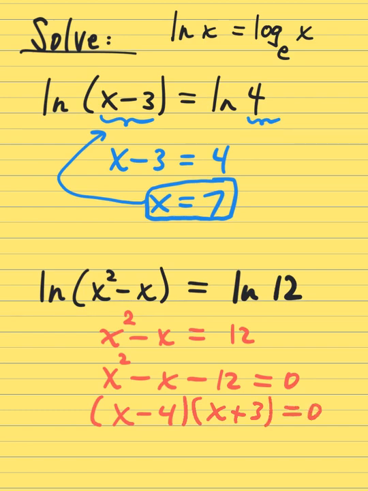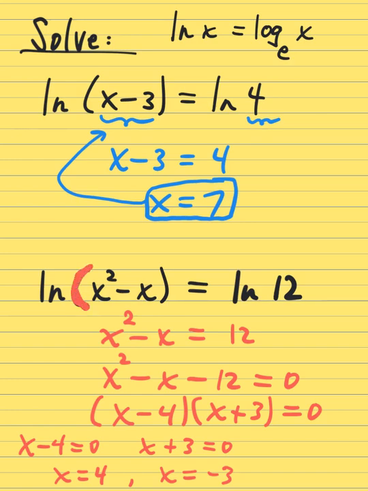Set each one equal to 0, and we will get answers of 4 and negative 3. We may get to keep both of these. We may not get to keep either one. We have to test them.